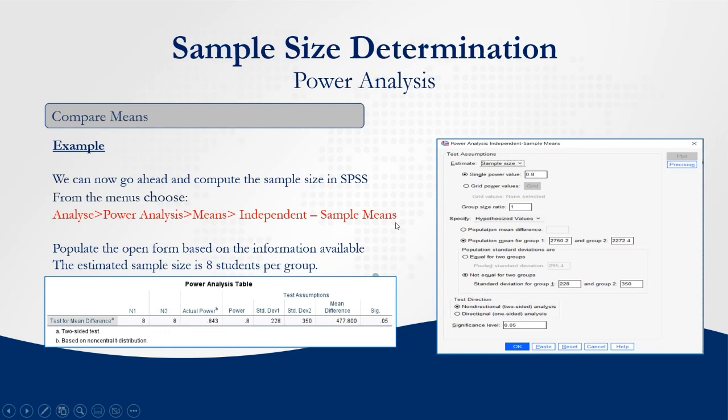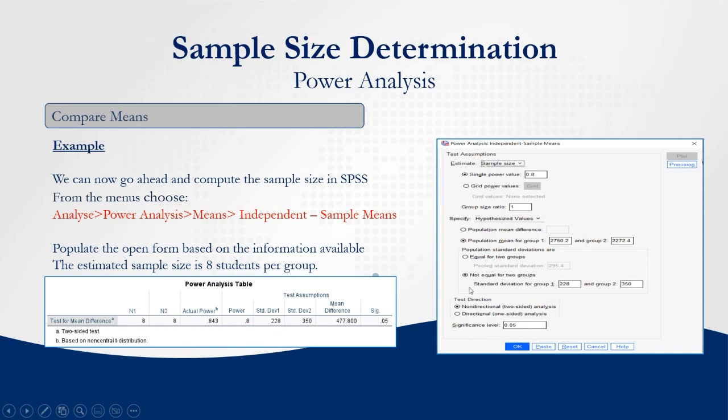So I spoke about the inputs, the power, you specify it's 0.8. We have two groups. Here you can put 1 to have equal sample size, and then you put the things that you got from the pilot, the population mean, and the standard deviation for the two groups. And then you specify the level of significance.